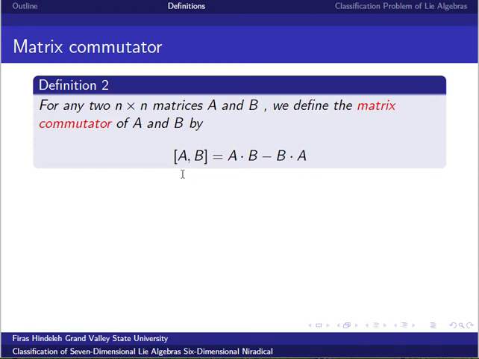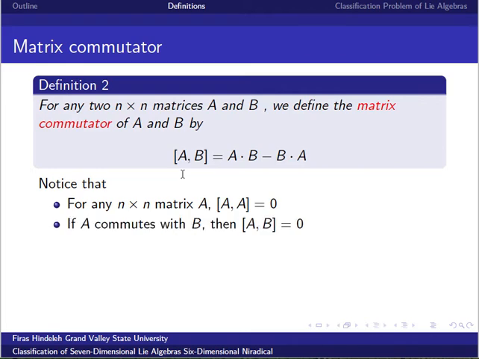And so this commutator basically is a test to see whether the two matrices commute or not. So if they commute, you get a 0 bracket. And so we notice that the bracket of any matrix with itself is 0. And if two matrices commute, the bracket is also 0.